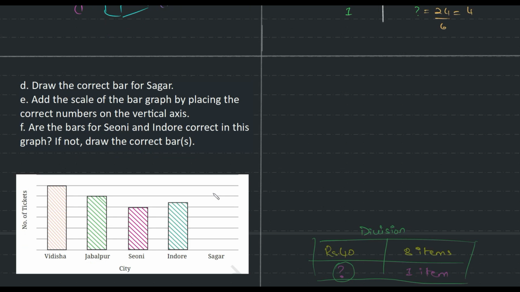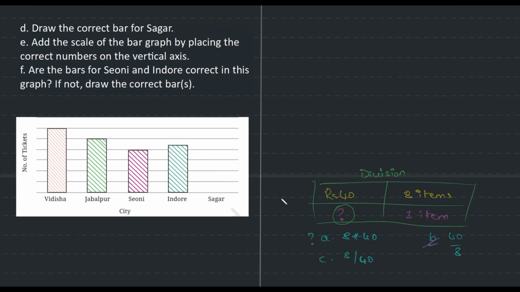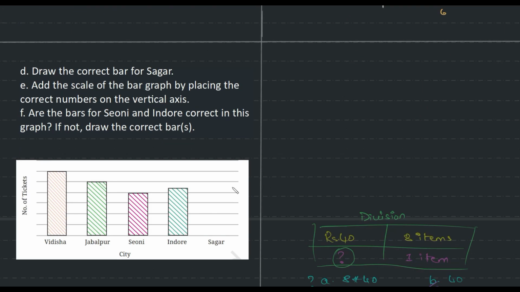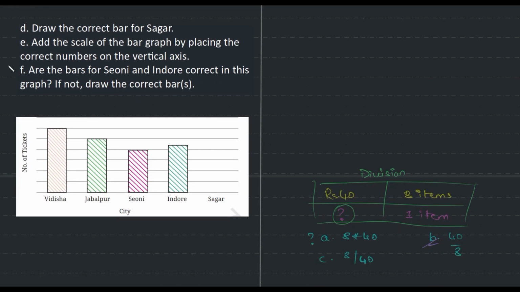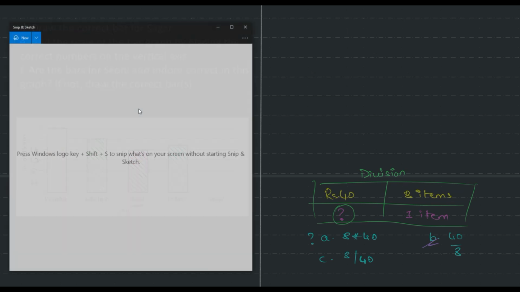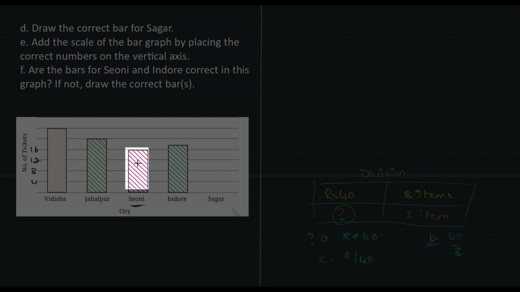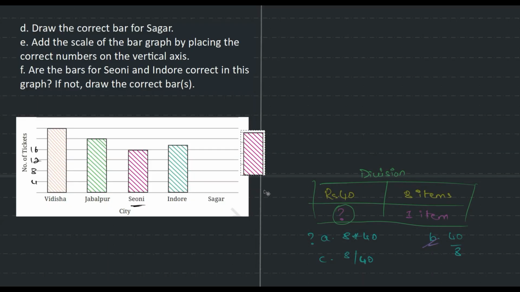Then what else? You have a few more questions. Draw the correct bar graph for Sagar. For Sagar, we are taking 16 tickets sold over there. So each of this is 4, 8, 12, 16. It's the same as this. You guys should not be doing that, but for me this is convenient because this is software, not paper and pen.